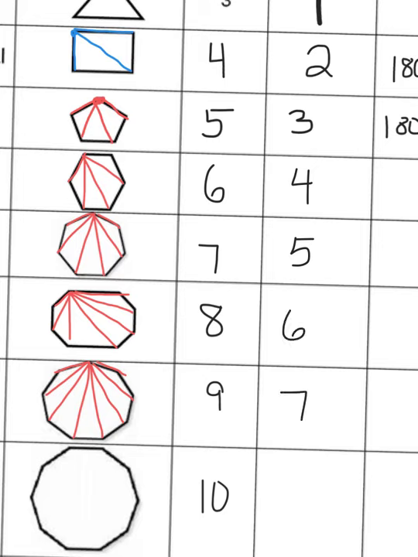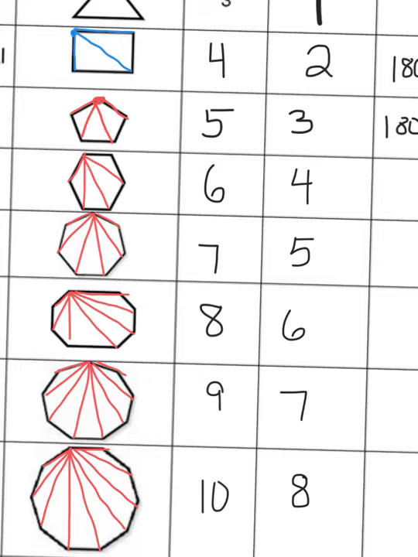So if we follow that pattern, we can predict that the 10-sided figure is going to have 8 triangles. If you don't believe me, you could still draw them all in. Obviously, they're going to keep getting smaller as you go. And you'll also notice that the more sides the polygon gets, the closer it gets to looking like a circle.